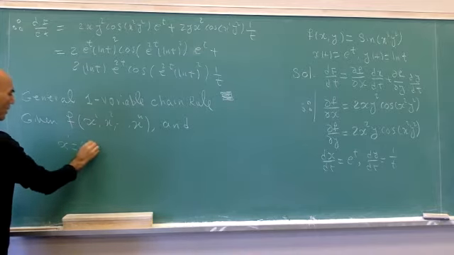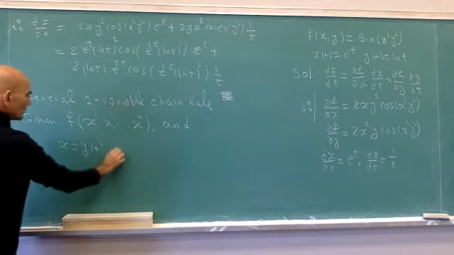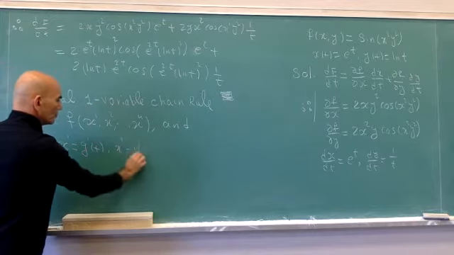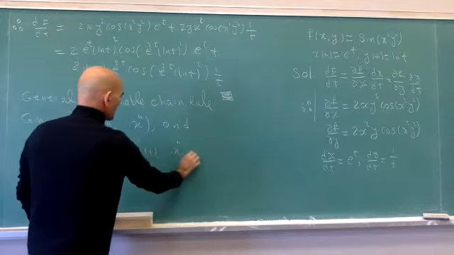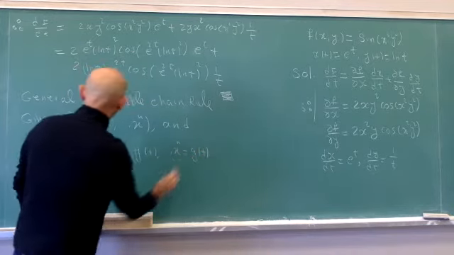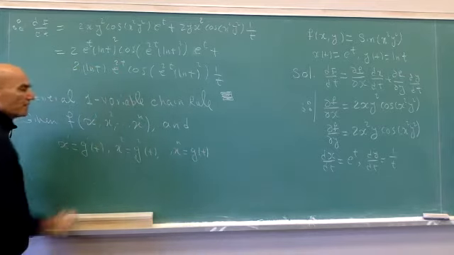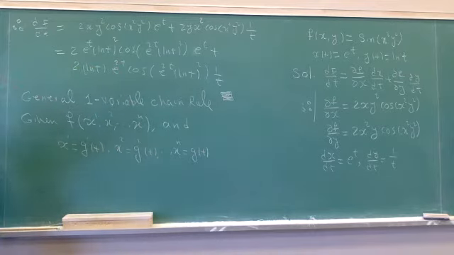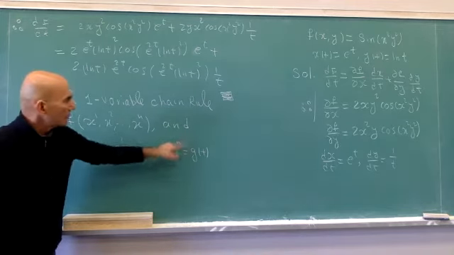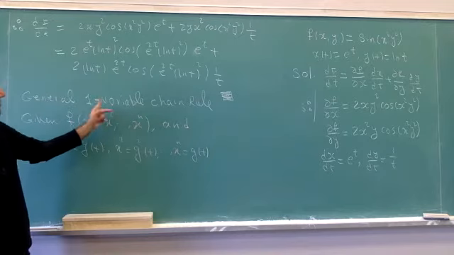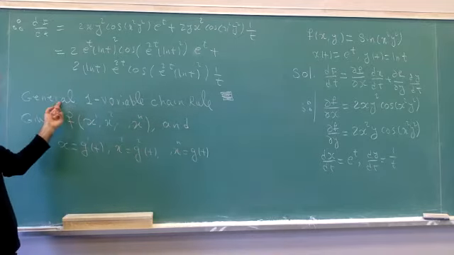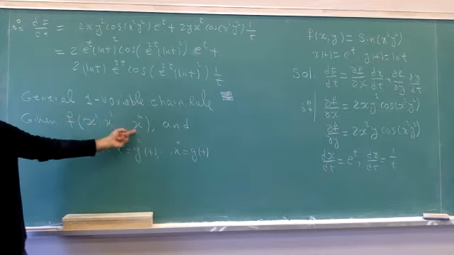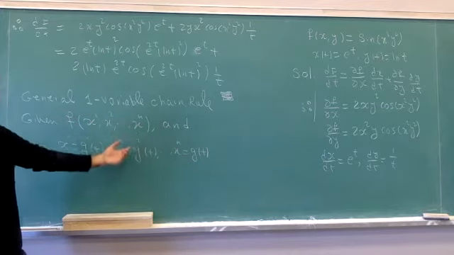It's like g1 of t, x2 is equal to g2 of t, and xn is equal to gn of t. So each of these independent variables now becomes a function of one variable, t. The reference to one variable is this t here, and the reference to general is that we have x1, x2, xn. So this is a general function of n variables.